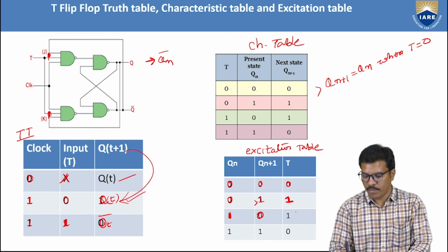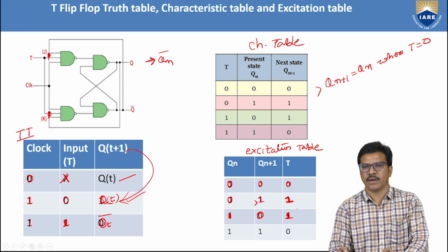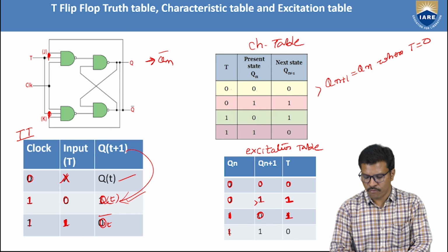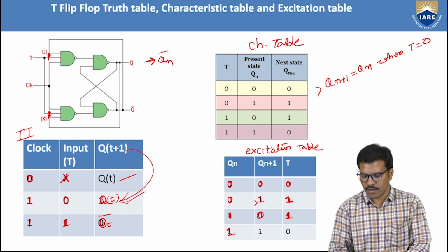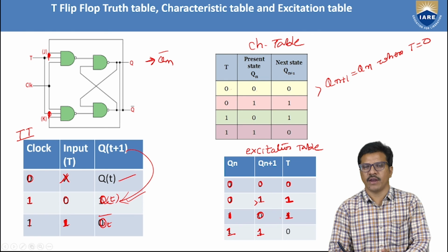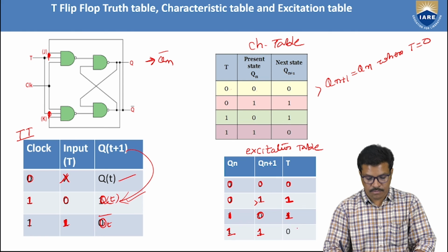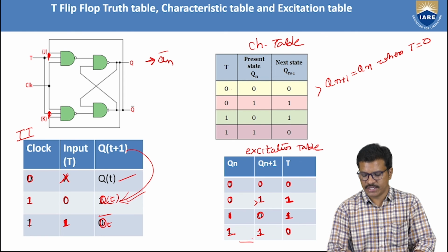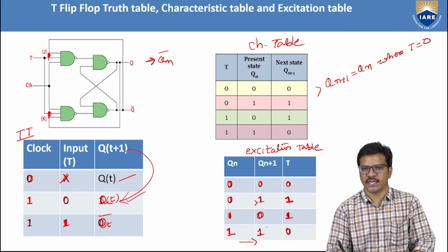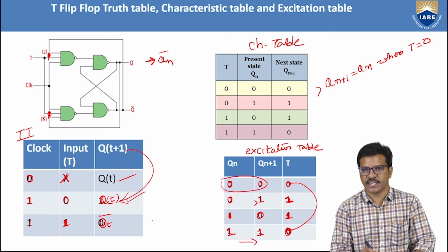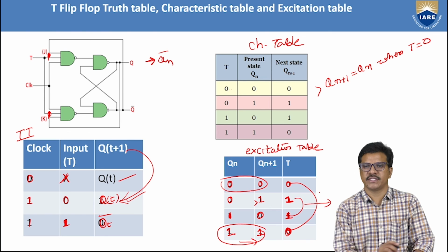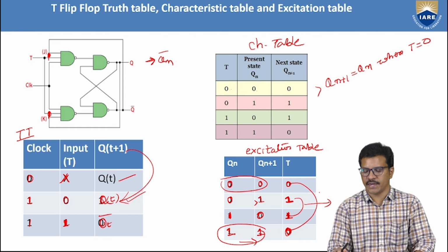For 1 to 0 complement, T would be 1. If present state 1, next state 1, T would be 0 because there is no change in the state. When T is 0, no change from present state to next state. When T is 1, the state is complemented from present state to next state.